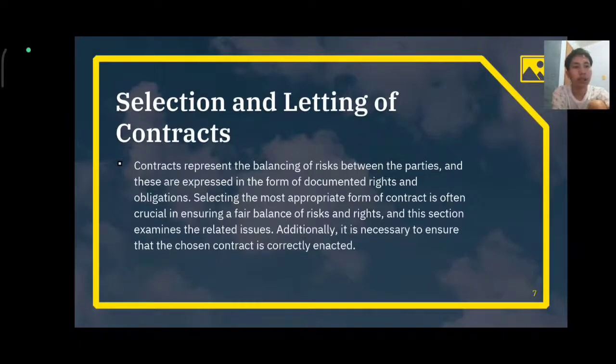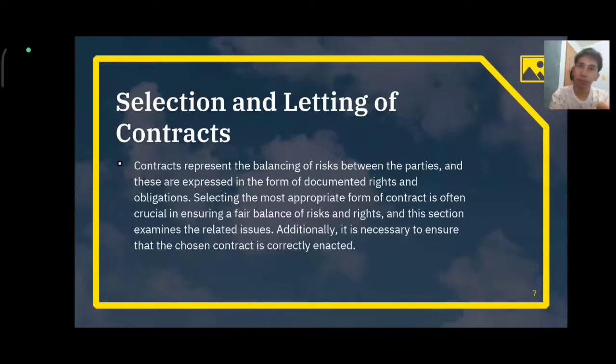In this section, examples are the related issues. Additionally, it is necessary to ensure that the chosen contract is correctly enacted. So dito, yung contract mismo yung nagbabalance ng risk between two parties para ma-ensure na makokontrol yung risk na meron sa company.